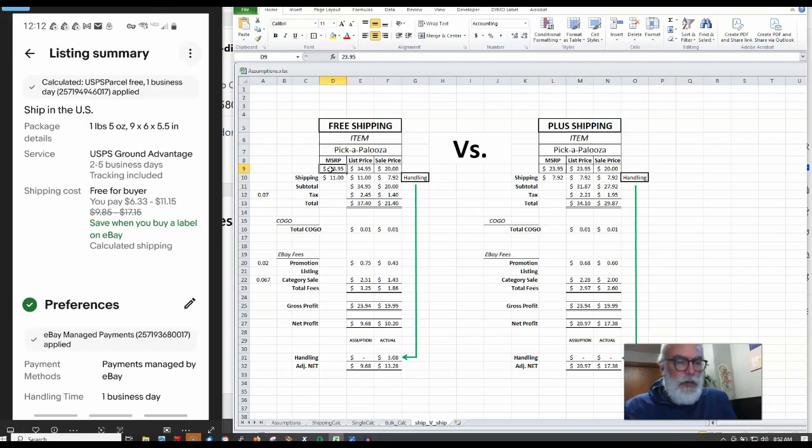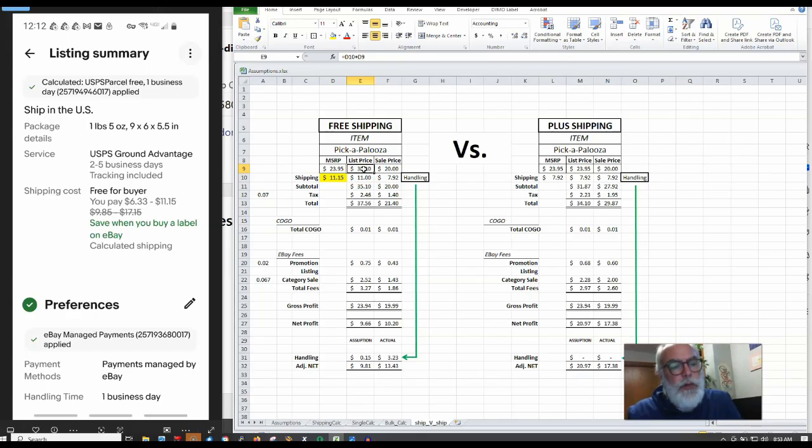If he's able to look at the item and when he's pricing it, say $6.99. So in that case, we look at this thing over here now and we say, well, at the most, I'm going to pay $11.15 for shipping. That, in turn, changes the list price to $35.10.